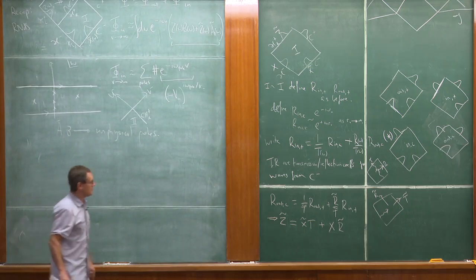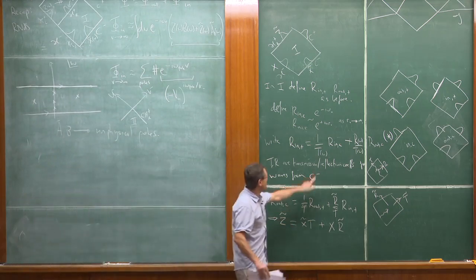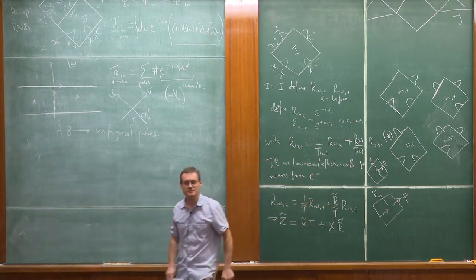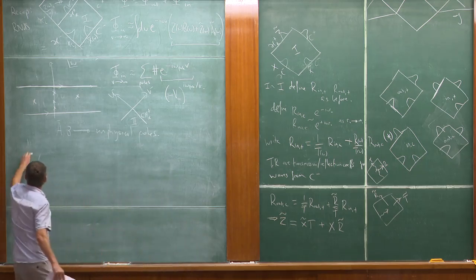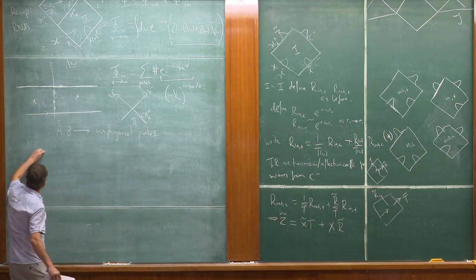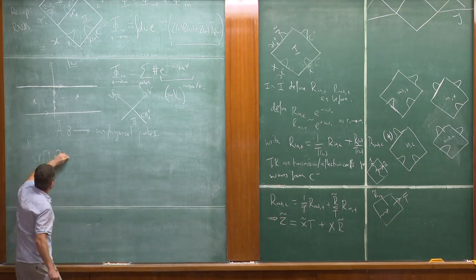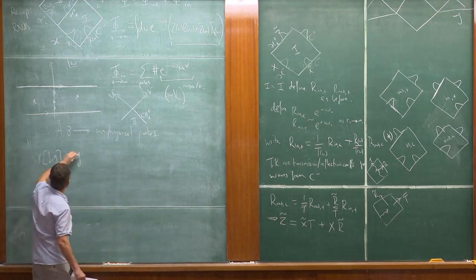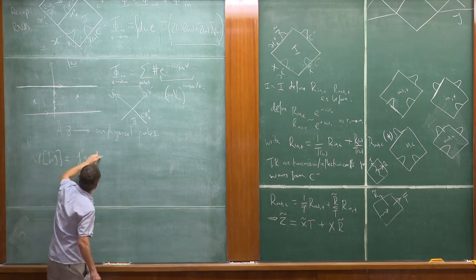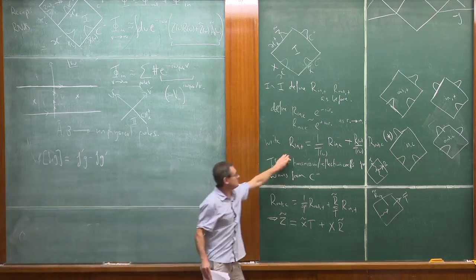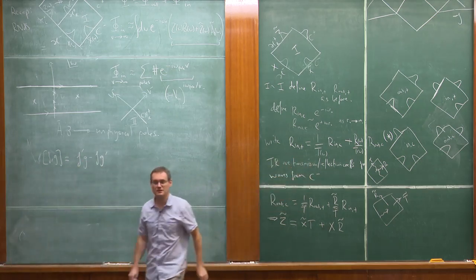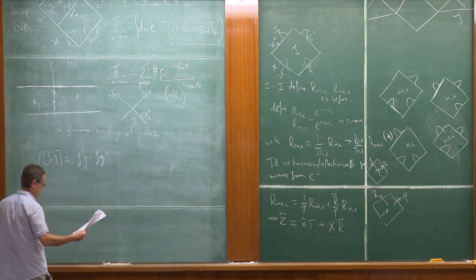So we can learn quite a lot by writing down formulae for the transmission and reflection coefficients using the Wronskian. If we define the Wronskian of two functions of R or of R star in the usual way, then it's straightforward to take this definition of the scattering coefficients and get a formula for them in terms of the Wronskian.